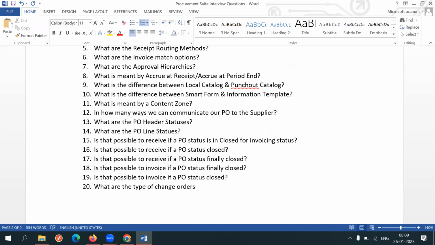What are the types of change orders? Internal and external.